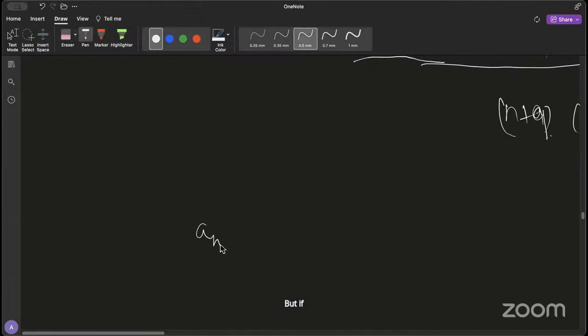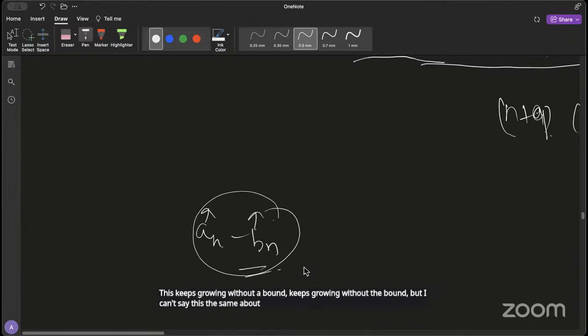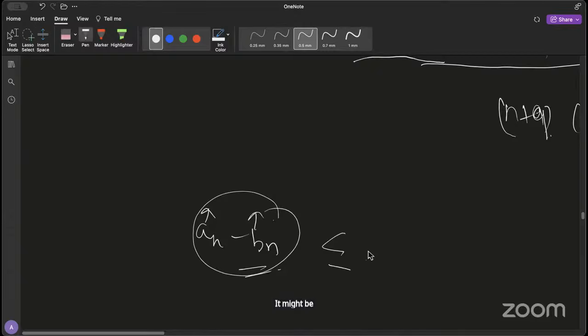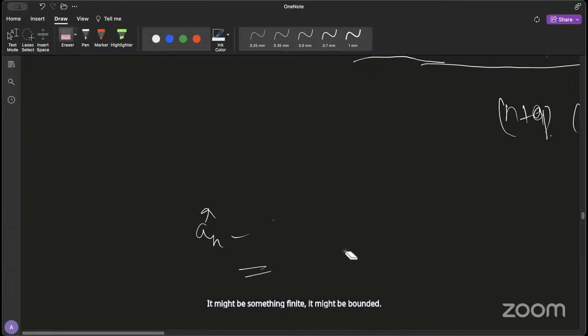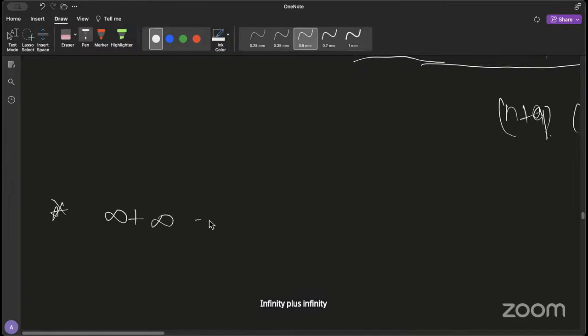But if I say an minus bn, this keeps growing without a bound, and this keeps growing without a bound. But I can't say the same about the difference, right? It might be something finite, it might be bounded, we don't know. So that's why infinity minus infinity is something that you can't predict, but infinity plus infinity, I'll write it here, is for limits.